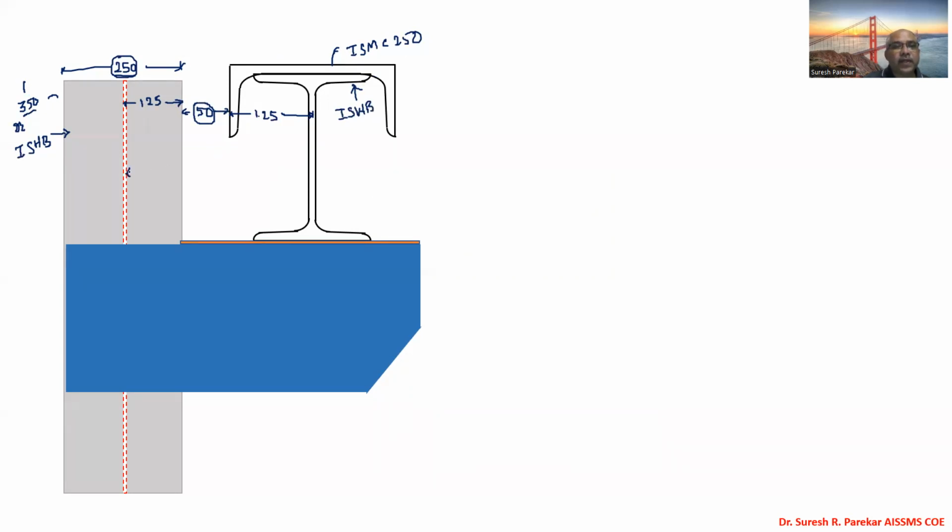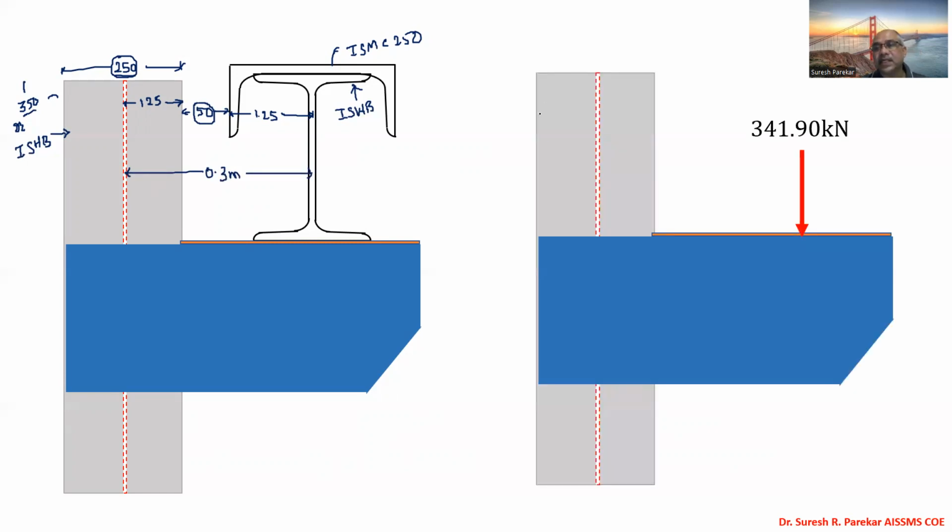So we are going with 0.3 meter, which we consider as the eccentricity. And you can see over here we have 341.90, this is the reaction. And 0.3 is our lever arm, 0.3 meter.